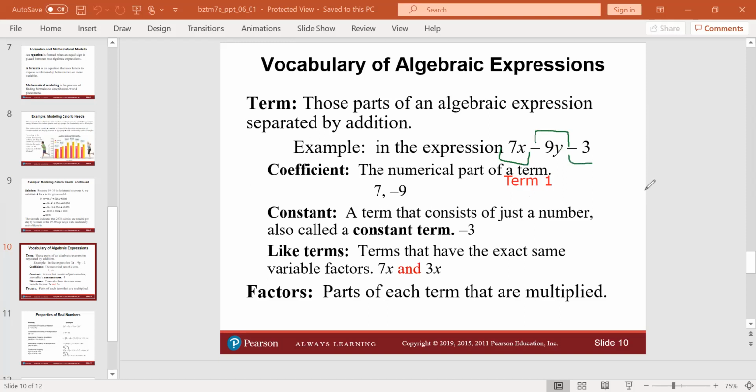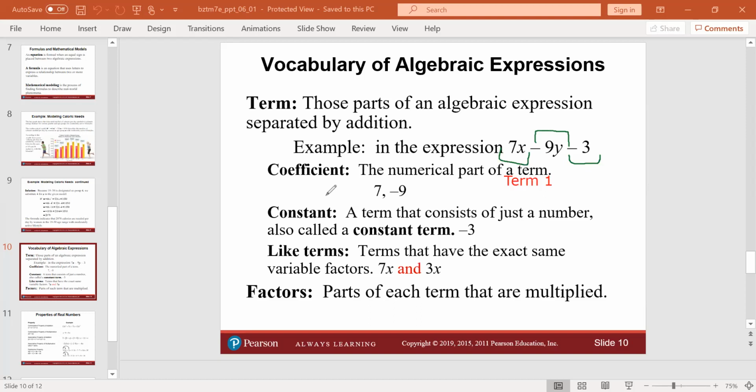Term 3 would be just the negative 3 by itself. So terms are split up by addition or subtraction. And that's actually because of order of operations. Since addition or subtraction happen last, they actually kind of separate everything and say, whoa, don't do this till the very end. So that's why we let addition and subtraction be the operation that separates terms.